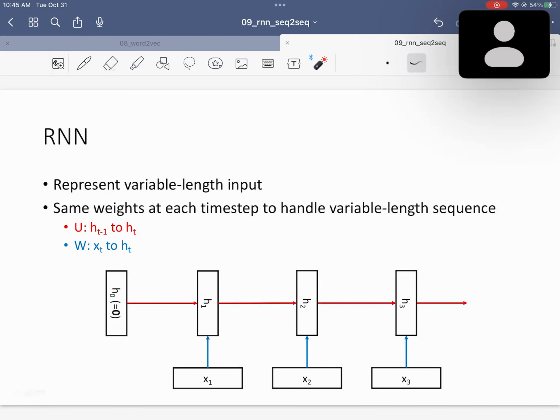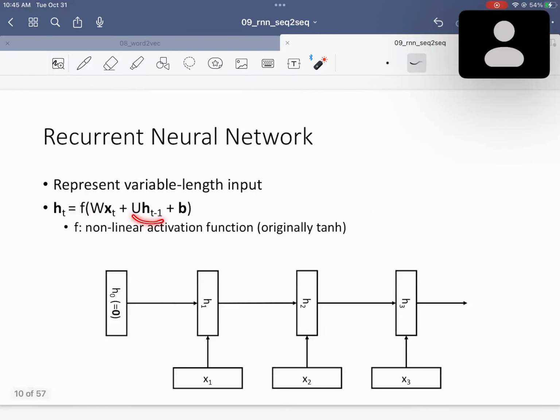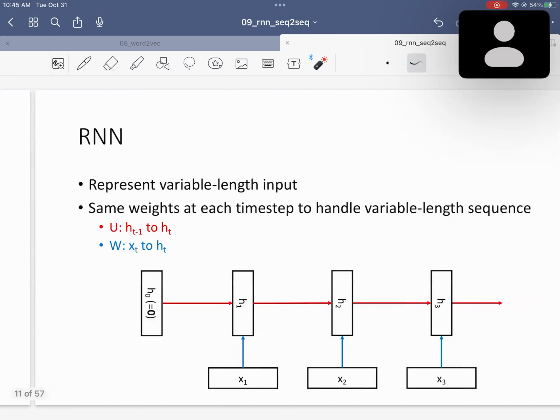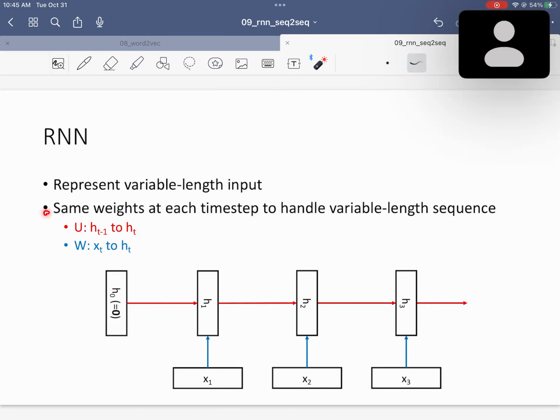So the important thing is that U is the one that transforms the previous hidden layer, the previous memory. W is the one that transforms the current input. These are the same weights used at each time step. That is why RNN can handle variable length sequence, because you don't use new weights every single time you input x1, x2, x3.